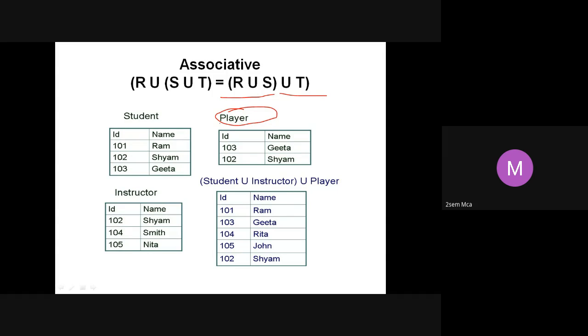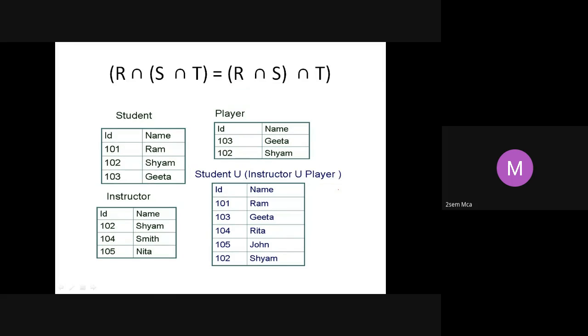When you apply union, you should check union compatibility between student and instructor and then apply it on player. Or you take instructor union player and then apply it on student, whatever it is. So student union instructor, you will get 101, 102, 103, 104 and 105. That with player will remain the same, right?